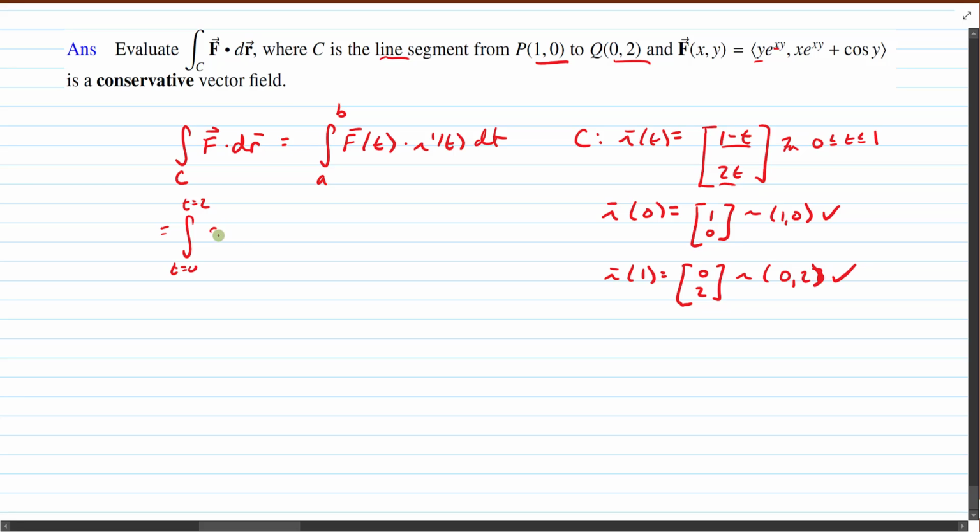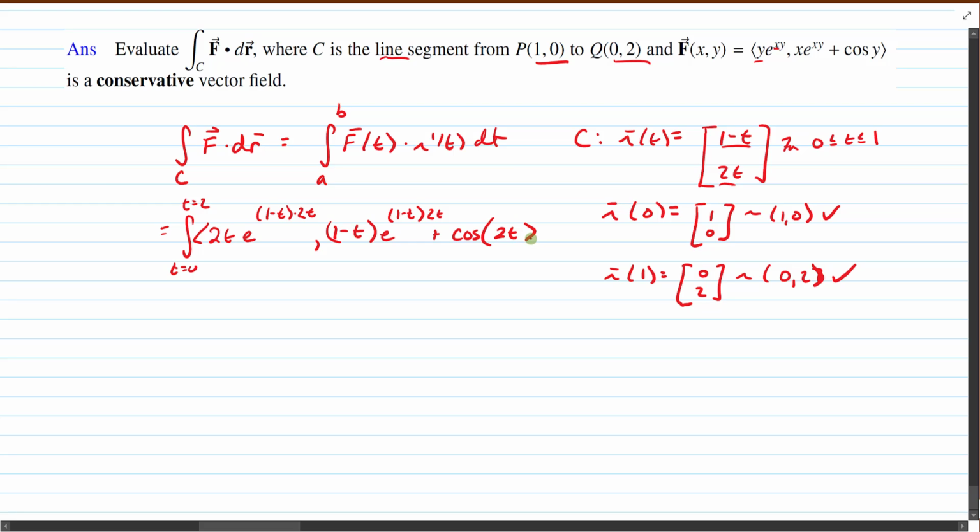So this will give me 2t e to the 1 minus t times 2t for the first coordinate of the vector field, comma, the second coordinate would be 1 minus t e to the 1 minus t times 2t plus the cosine of 2t.